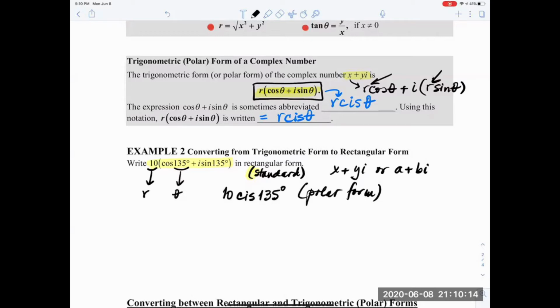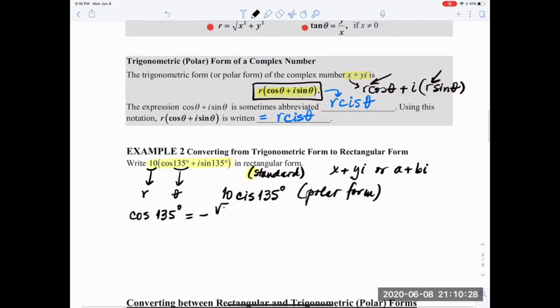So what you are to do is use the unit circle. By using the unit circle, you will find out that cosine of 135 degrees, which is in quadrant 2, is a multiple of your 45. So this is negative root 2 over 2.